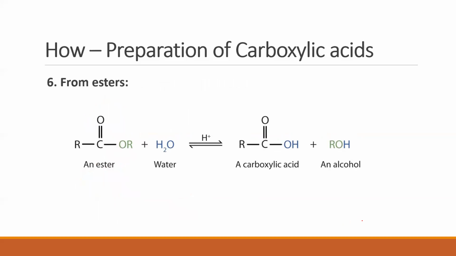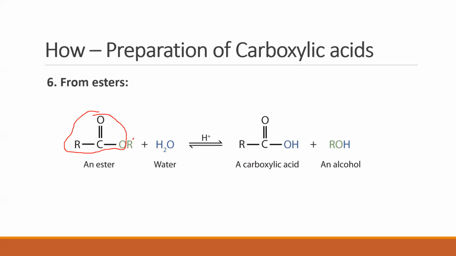The last reaction for today, starting from an ester. Now, what is an ester? RCOOR dash. If R is different, we call it R dash. This is an ester. Now, even here, you can clearly see a carboxylic acid. Can you see that? Yes.